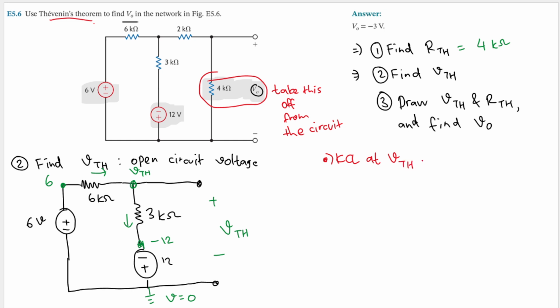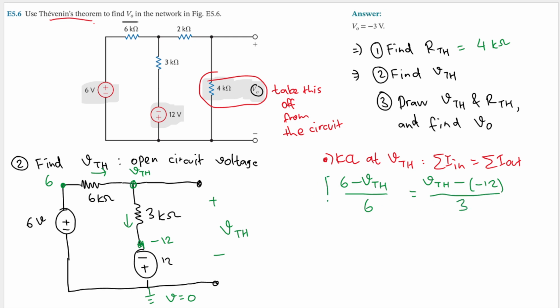What does KCL say? KCL says that the sum of the current that goes in will equal the sum of the current that goes out. Okay, the only current that goes in is this one, and that current is 6 minus VTH divided by the resistance between them, which is 6. And then that will equal this current here, which is VTH minus 12, and then divided by 3.